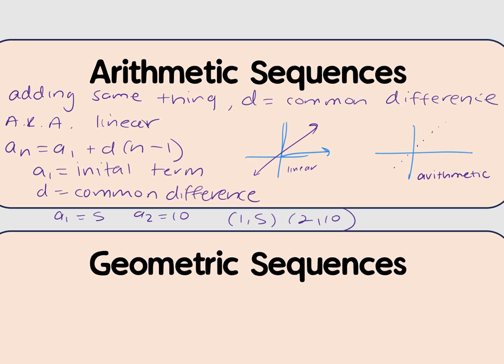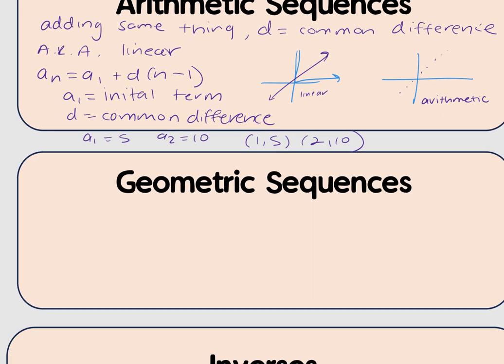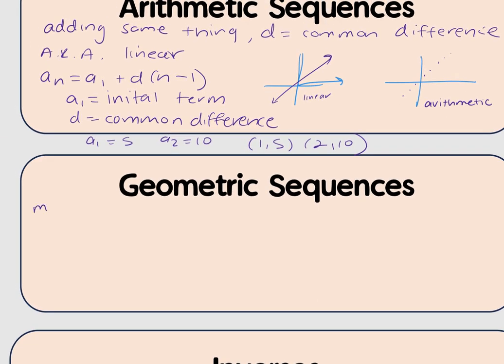have the charger? Yeah. All right, then we had geometric, and this is multiplying by the same thing each time. That thing is your r, which is the common ratio.